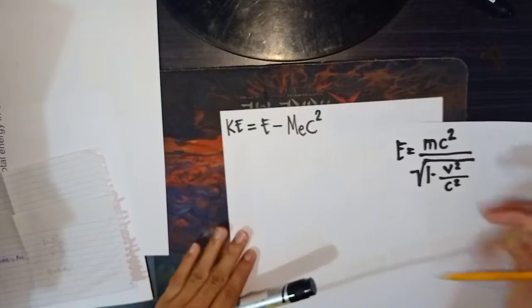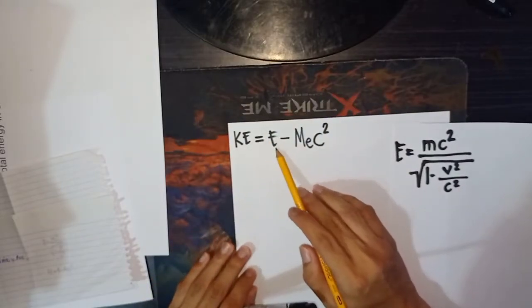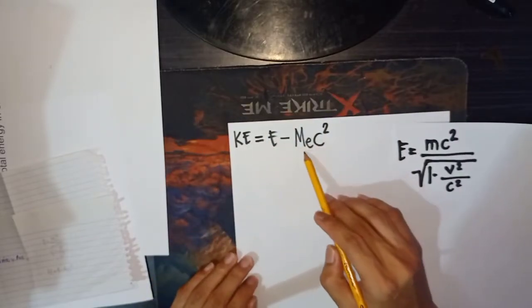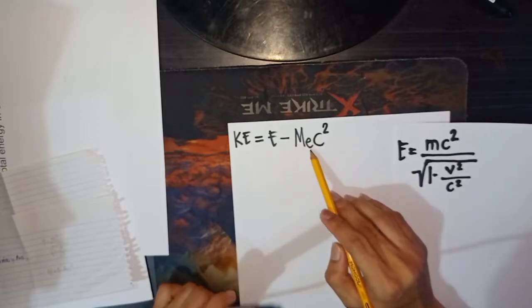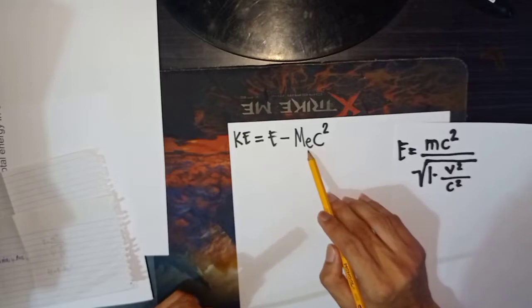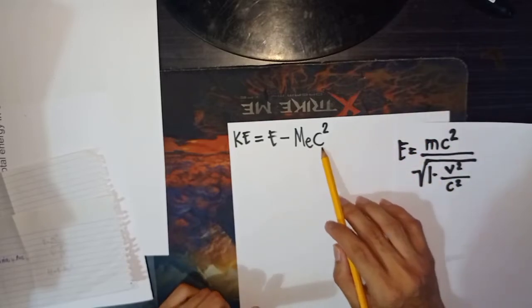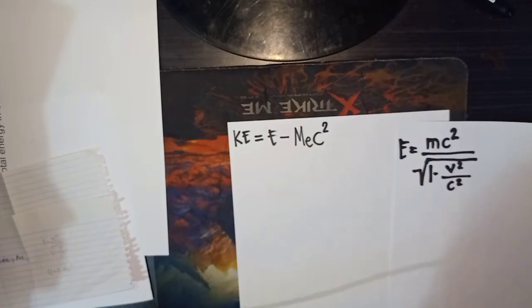And second, the kinetic energy is equal to the relativistic energy minus m_e c squared, where m_e is the mass of an electron or proton, depending upon the given problem, and c is the speed of light that is being squared.